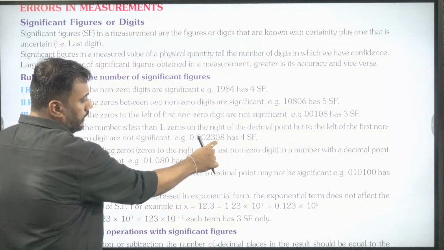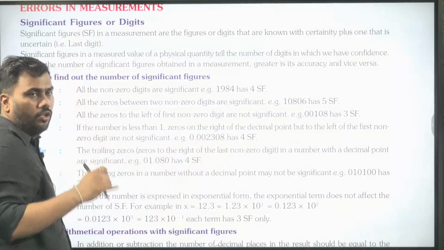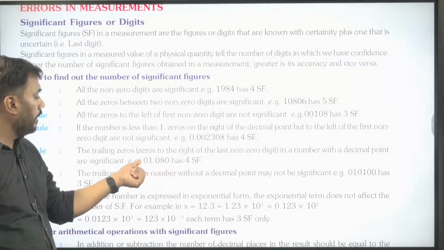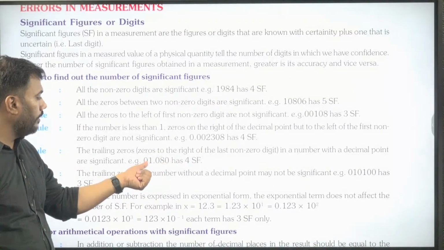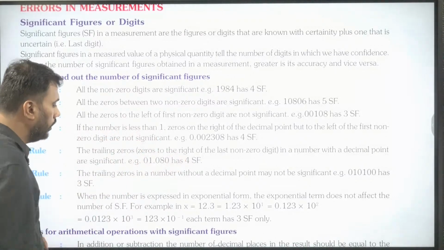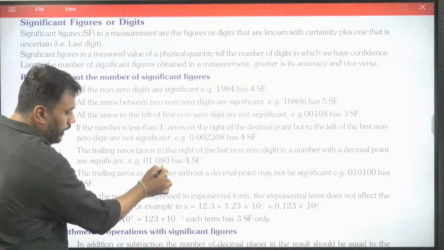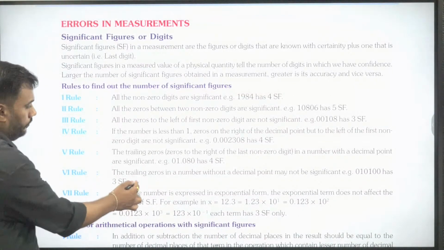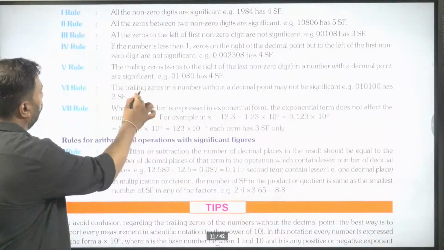In 0.002308, this zero is significant, but the starting zeros are not. But after decimal, whatever zeros come after a non-zero digit are significant. So 1.080 has four significant digits. This is rule number 5.